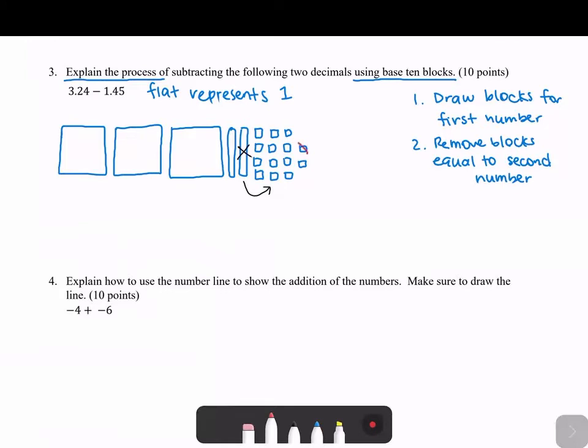So we need to remove 5 units. Okay, now we need to remove 4 longs, but we only have 1 long left, so we can't do that.